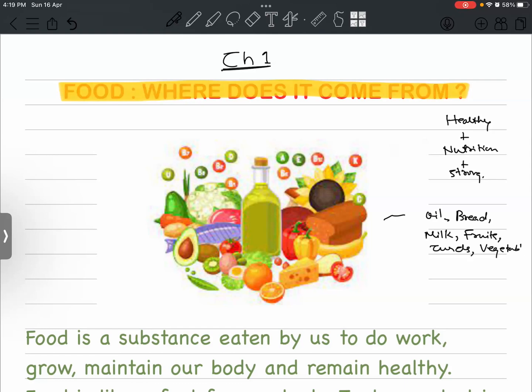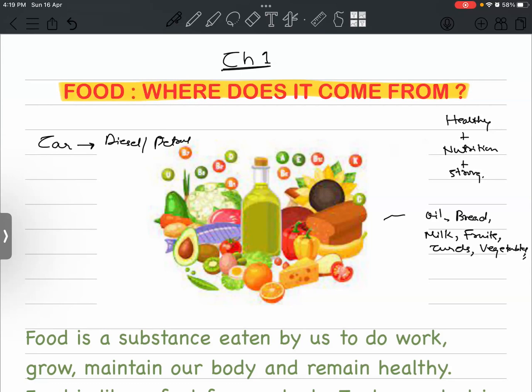So if you see a car, what does it run on? Yes, Aswati? Run on fuel. Yeah, it needs fuel in the form of either diesel or petrol.